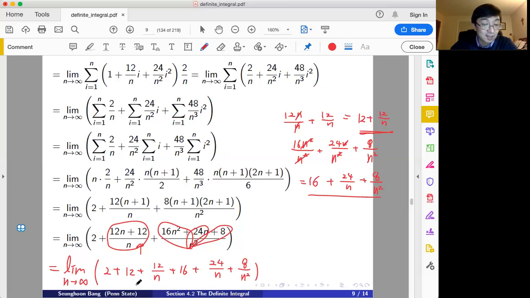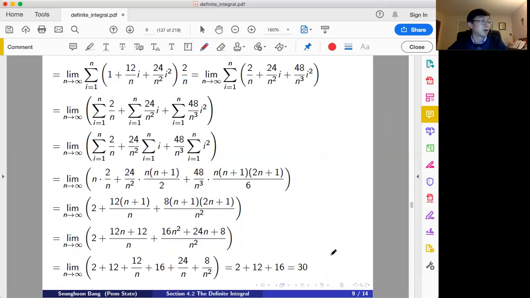Next, take the limit as n approaches infinity. What happens to 12 over n? It goes to 0. The 24 over n goes to 0. 8 over n squared goes to 0. What's the remaining number? 2 plus 12 plus 16. So this is 14 plus 16, which is 30. We have this answer. This is the whole idea for solving this problem.